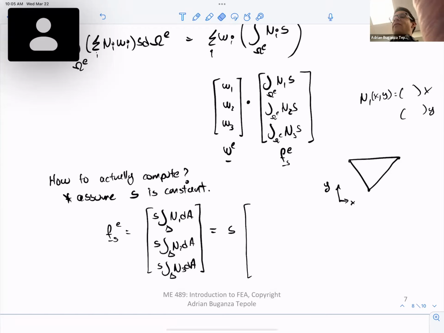What is the alternative? What does the first shape function look like? Let's assume that this is the first node. So the first shape function is this little plane that goes from 1 to 0. Geometrically, what do we do when we integrate a function over some area?